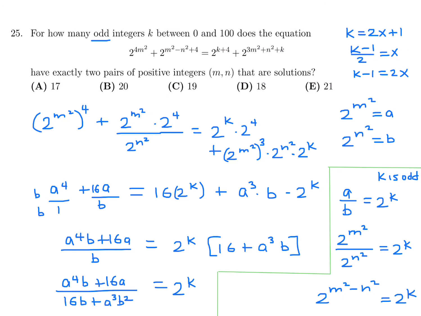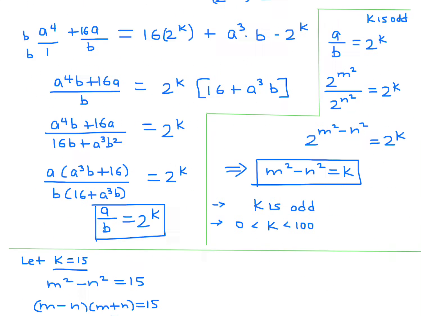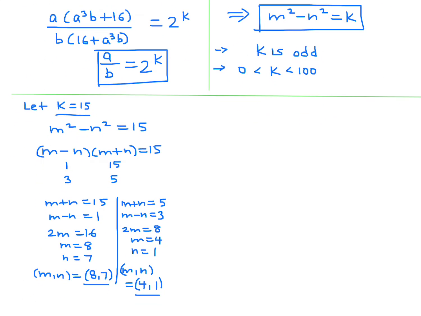For how many odd integers k between 0 and 100 does this equation, which we simplified greatly, have exactly two pairs of positive integers m, n that are solutions? So it basically boils down to exactly what I did for k equals 15 for this very nice equation. Now you say, well, okay, that's great. I understand that completely.